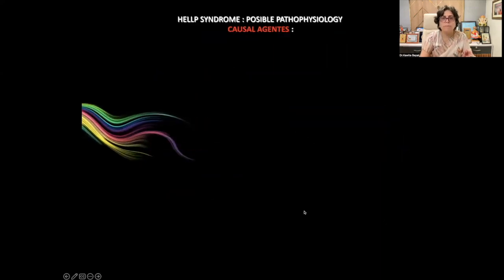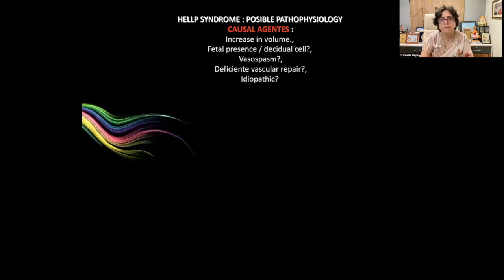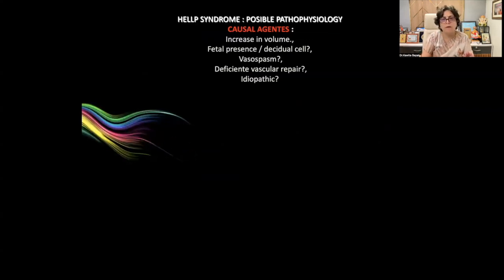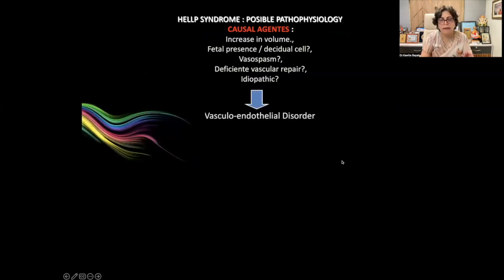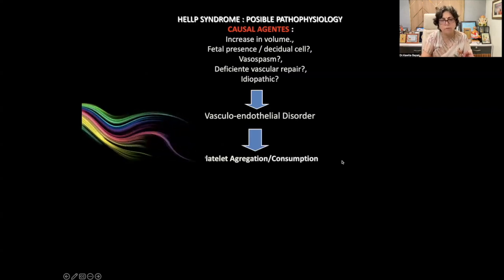So, most important, HELLP syndrome, the possible pathophysiology, again with the causal agents, are increase in volume, fetal presence, decidual cells, sometimes vasospasm, or a deficient vascular repair, or idiopathic. It can lead to vasculoendothelial disorder. It can lead to platelet aggregation or consumption.